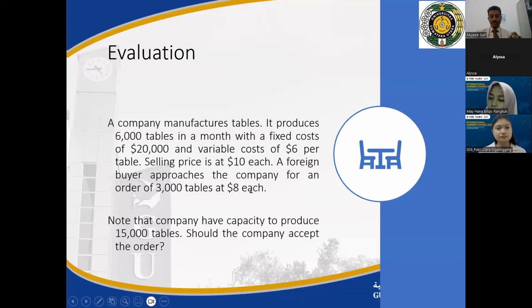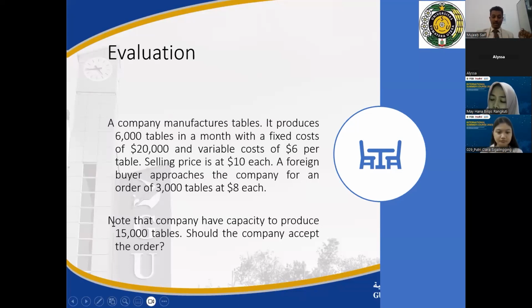Some managers would say, how can I sell to you for $8 when we sell here for $10, and the total cost per table is $9.33?